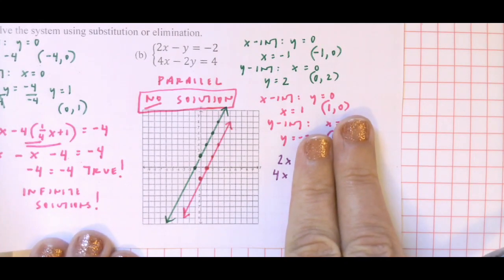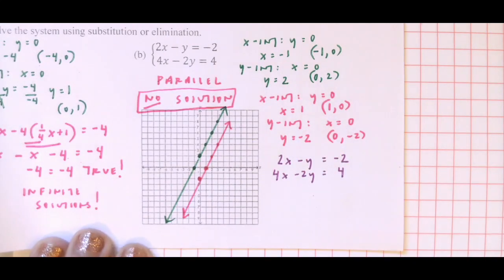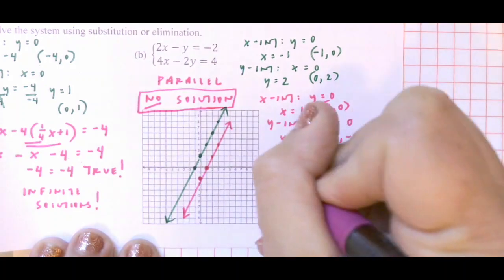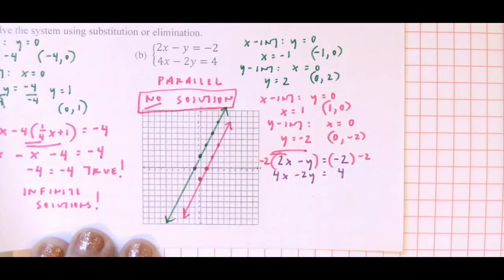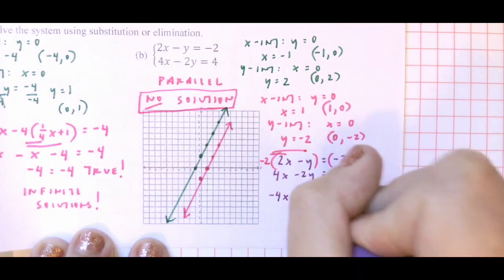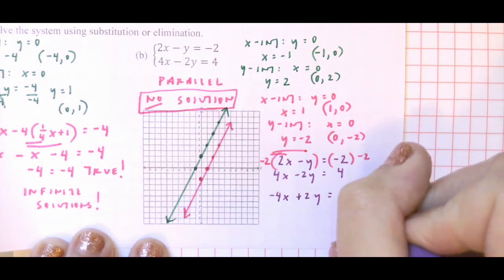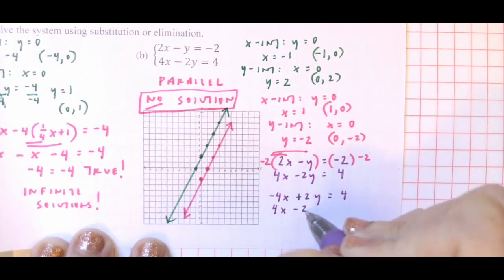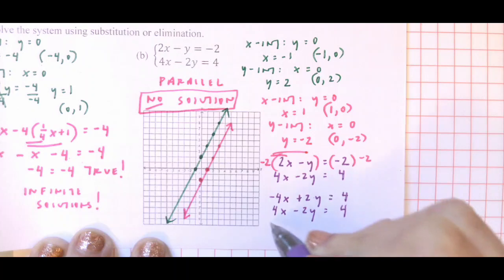So I'm going to multiply everything on top by negative 2, making sure I distribute. So now I have negative 4x plus 2y equals 4. And then on the bottom, I still have 4x minus 2y equals 4.